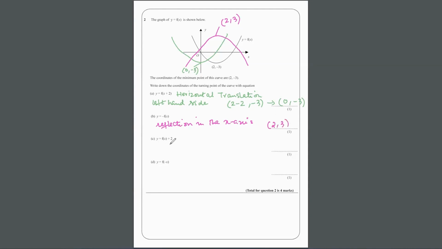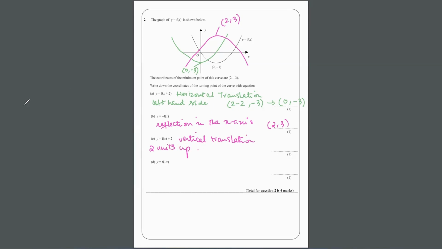Then for y equals f of x plus 2, now we're directly adding 2 to the function, not to the x value. So that means it's going to be a vertical translation. And we're going to move 2 units up.